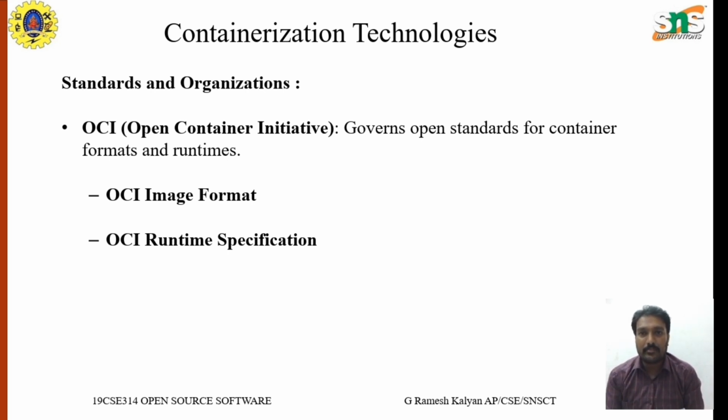It can be further subdivided into two types. The first one is the OCI image format, and the second is the OCI runtime specification. As the name specifies, the OCI image format looks after the formats of the container images used in these processes. It verifies the standards of these images.